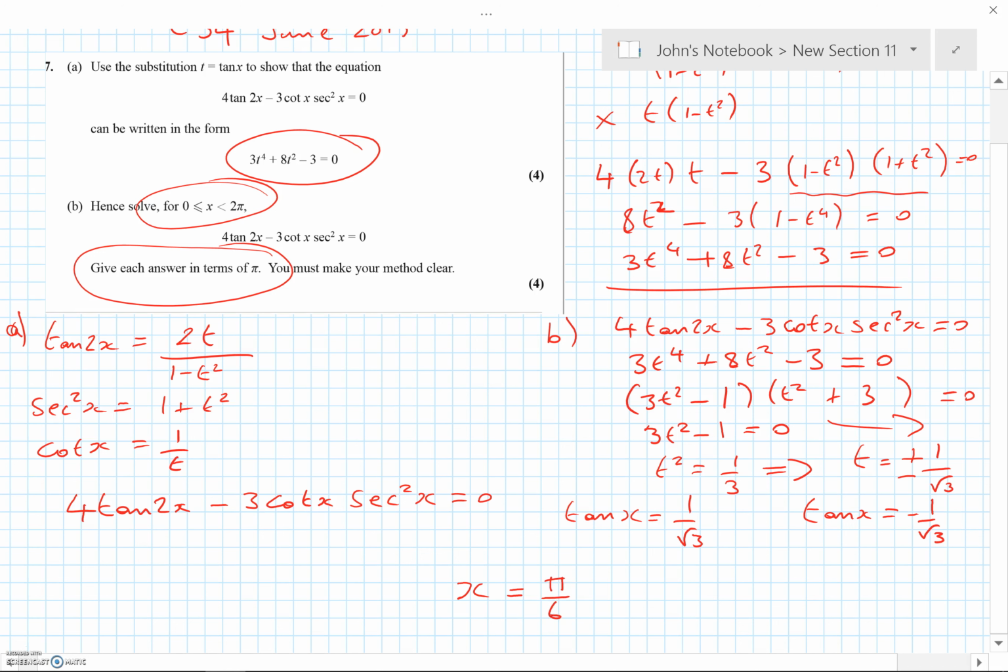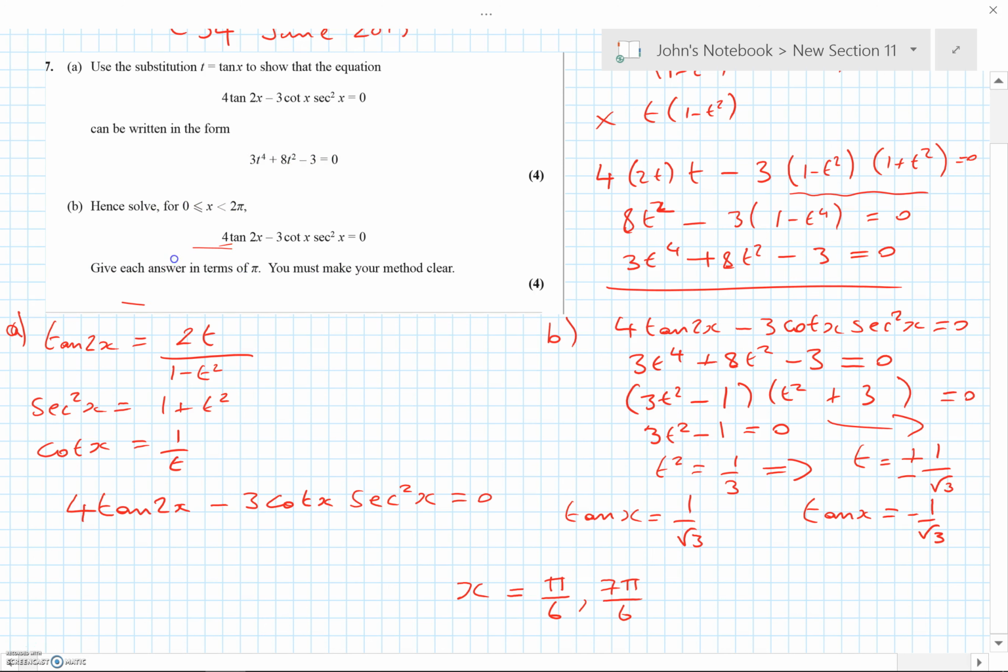And also, you're going to have 180 plus that, or pi plus that, so that's 7 pi over 6. Just add pi, and with tan it's nice and easy. If you get one solution, add in pi or 180 as many times as you like. If I add another pi to that, I'm outside my range, so I don't need to do any more.